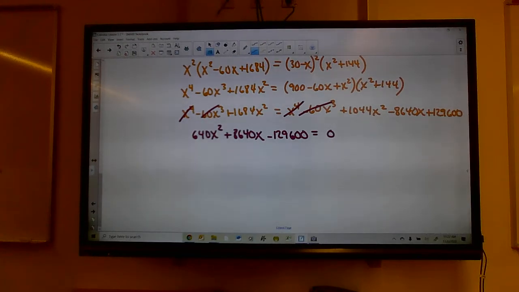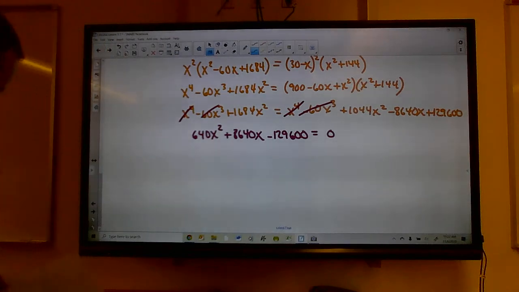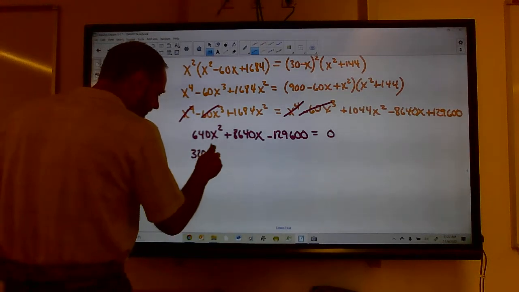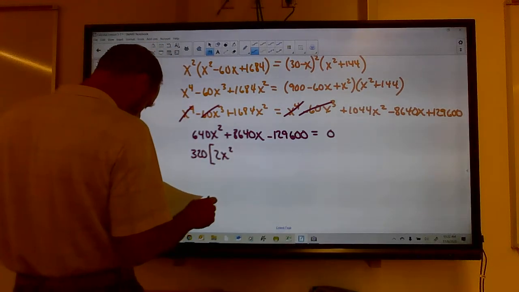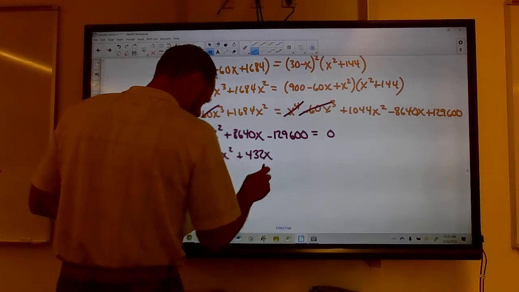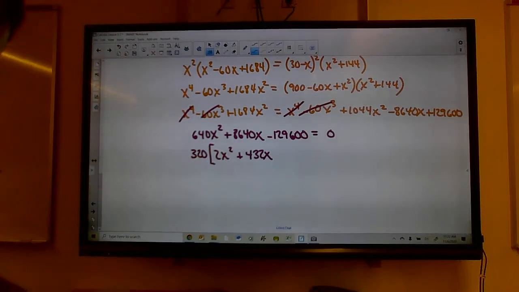Okay, now you might not notice this, but you can factor out a 320 on both of these. Gives you 2x squared. Gives you 432x. Let me double check that. 8640 divided by 320.